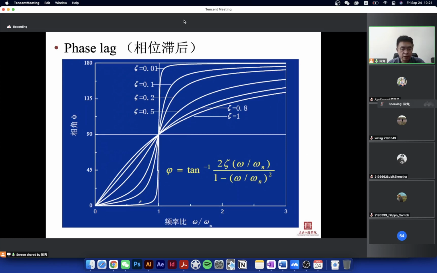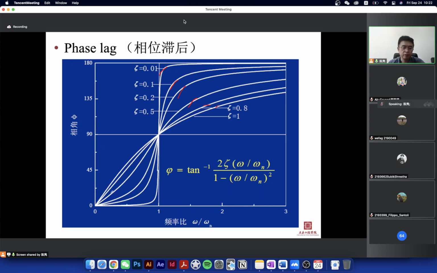And if we plot the phase lag, this is the frequency ratio and this is the phase angle or phase lag. You can see that with the increase of the frequency ratio and different damping, they have different phase angles. This is 0.01, 0.1, 0.2, 0.5, 0.8, and 1.